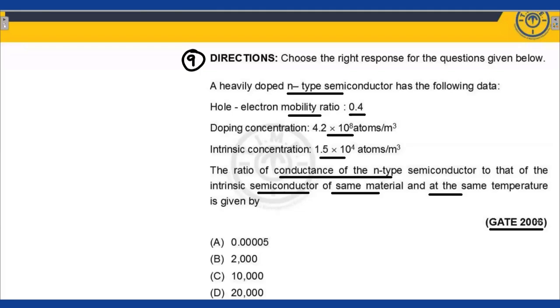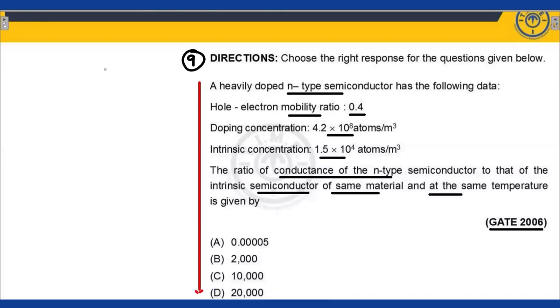See here, he has given the data. Take all the parameters one by one.